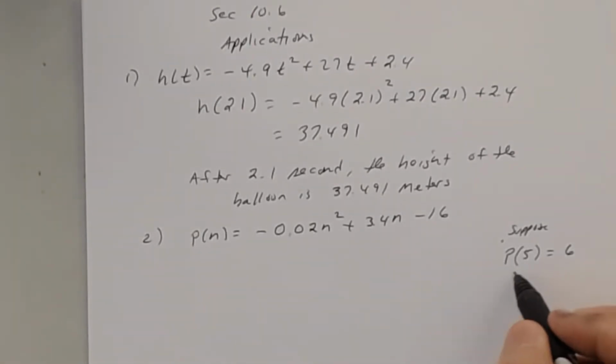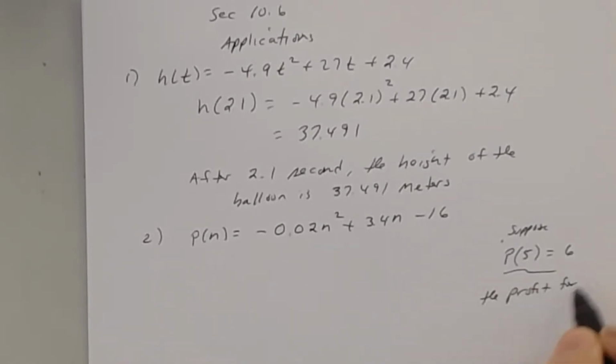So you would say the profit for 5,000 units is, and it's not $6, it's 6,000, because in the problem it says that the profit's in thousands of dollars. So that's $6,000. Notice sometimes they'll have those extra units in there, so to speak. So that's how you would read that.